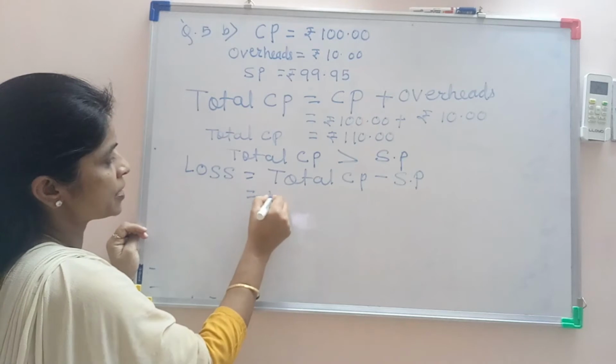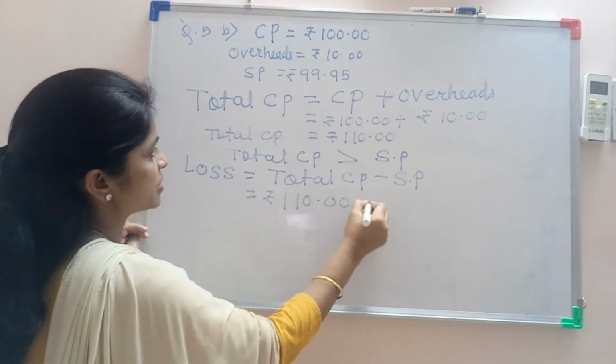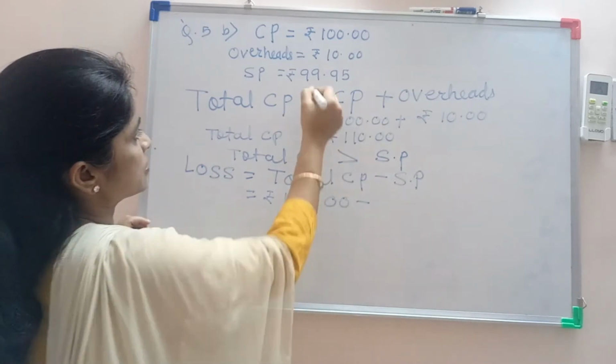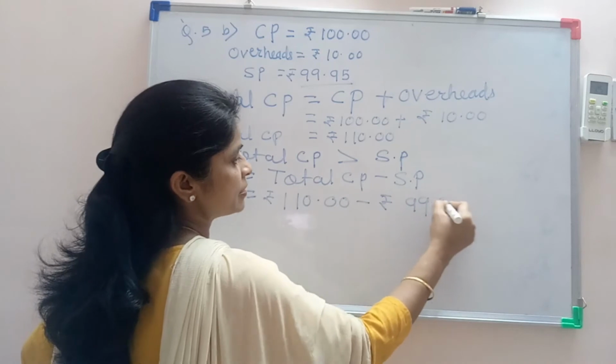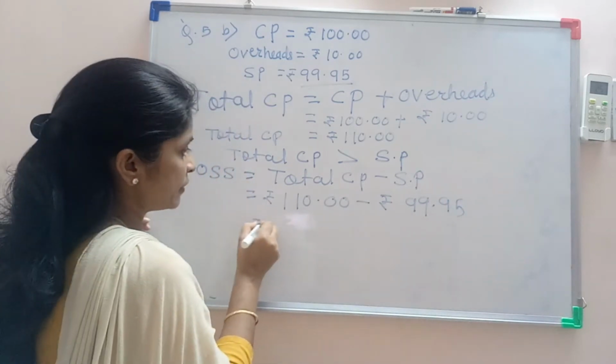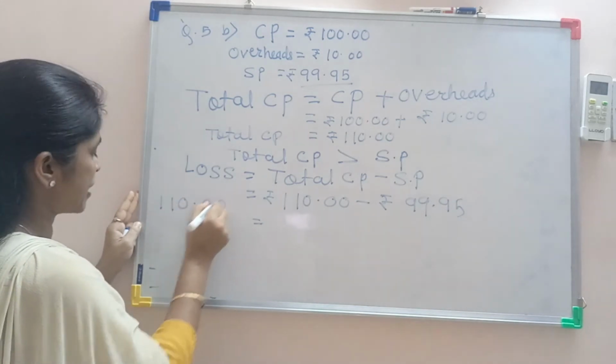So rupees 110 minus rupees selling price is rupees 99.95. That we will subtract.